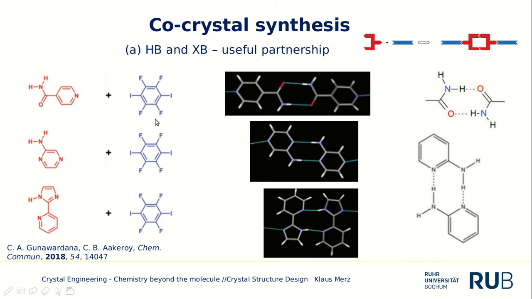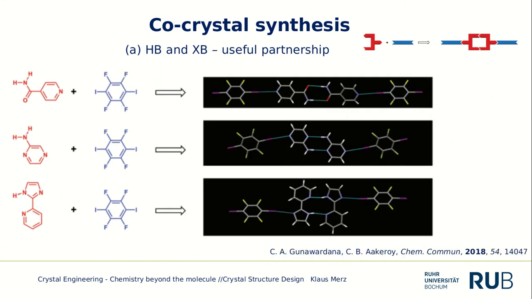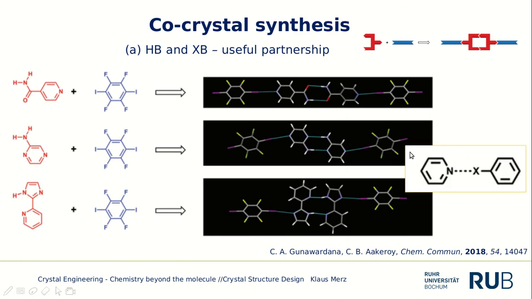Such systems are very often used in crystal engineering. What you get is here, once again in the middle, our homomeric systems, and here you see our halogen bonding. Additionally nitrogen, iodine, nitrogen, iodine, nitrogen, iodine, and also nitrogen, iodine, building this halogen bonding.